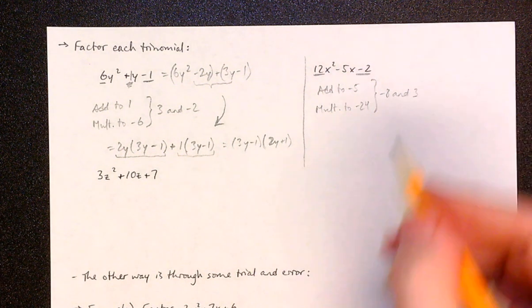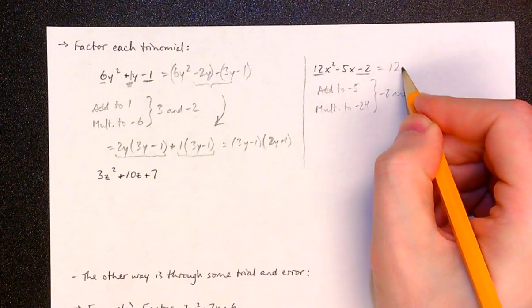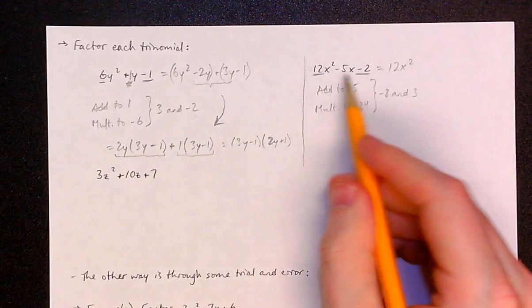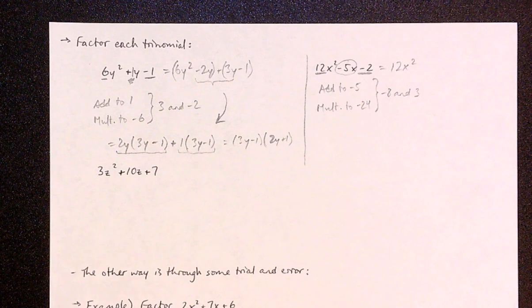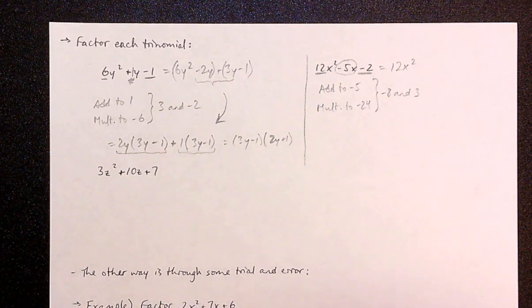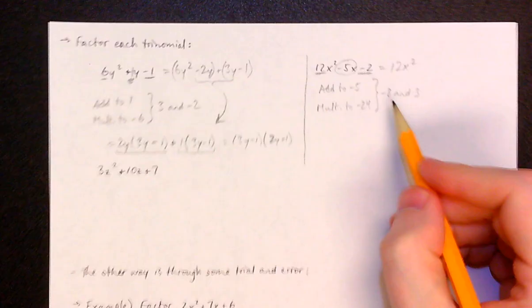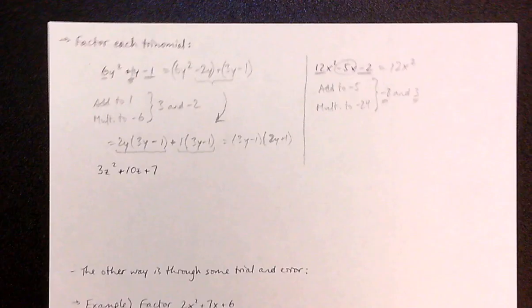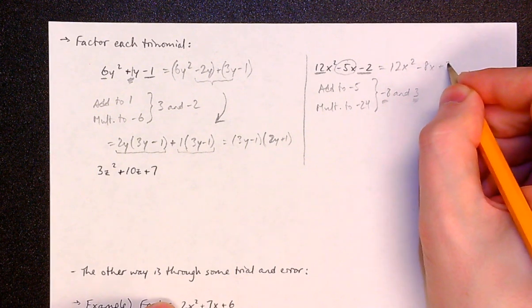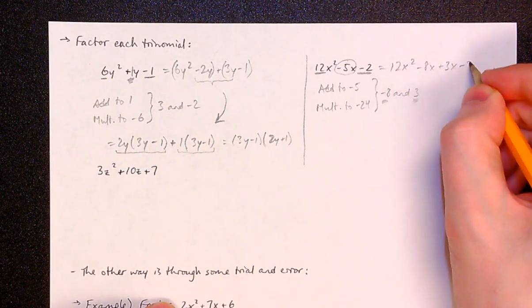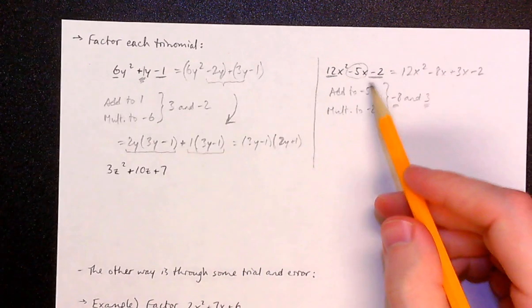So what we do now is take that middle term, that minus 5x, and I rewrite it. I break it up as the sum of two separate x's. The numbers in front of those x's are these numbers right here. So I'll have minus 8x plus 3x. And then I still have my minus 2.